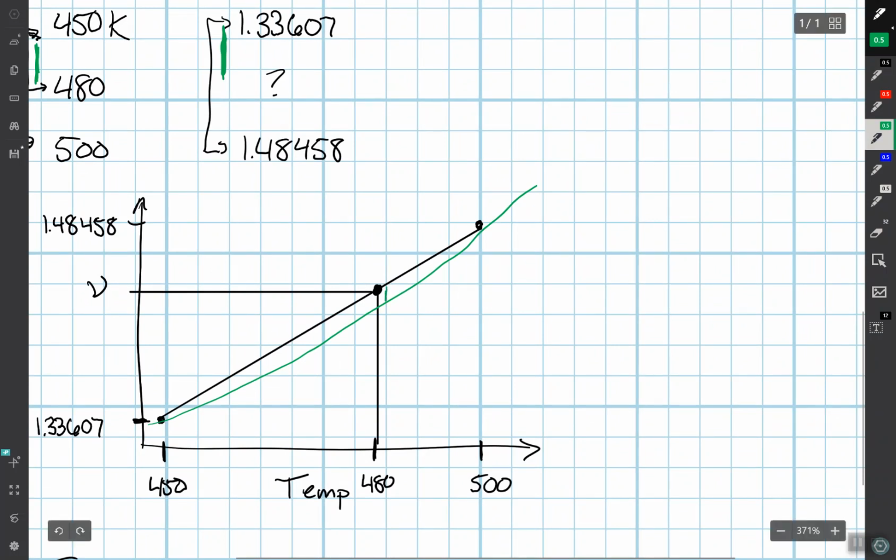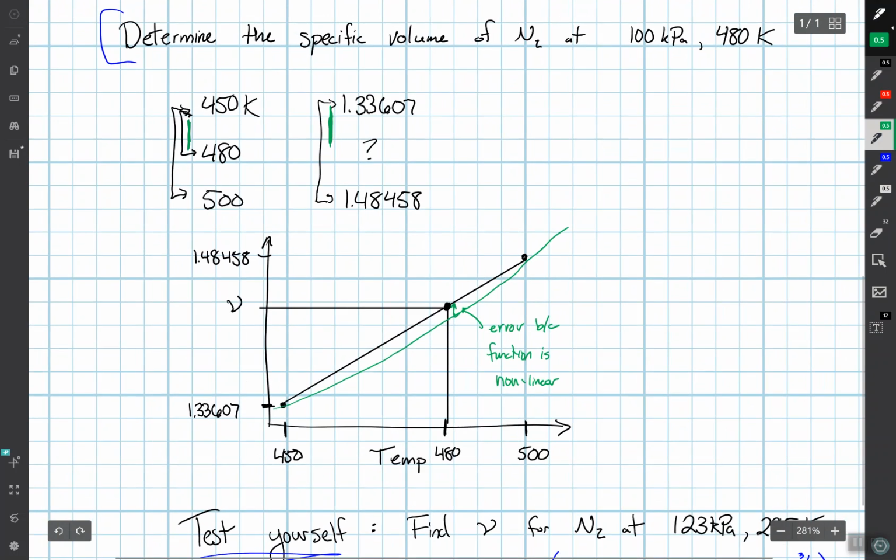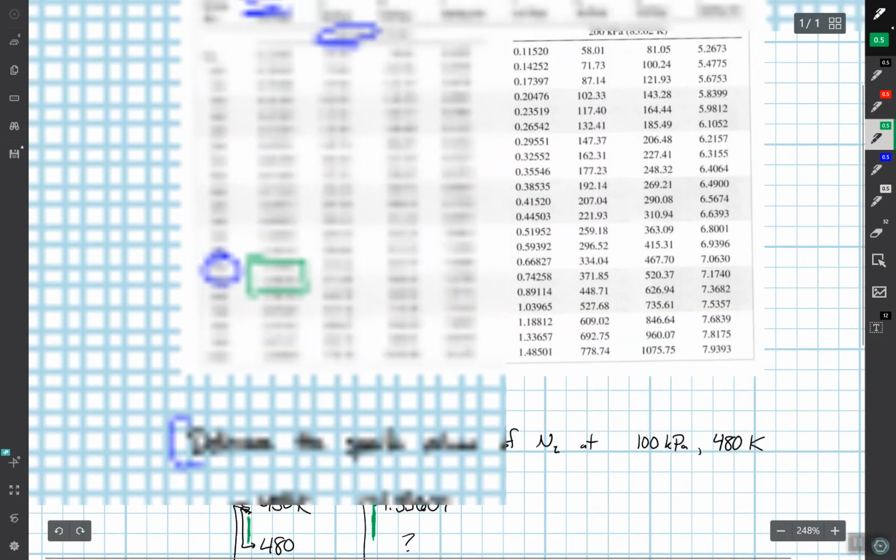So we could have some error because our function is nonlinear. But in general, that's going to be fairly small, especially in certain regions, and especially if we have a lot of data.